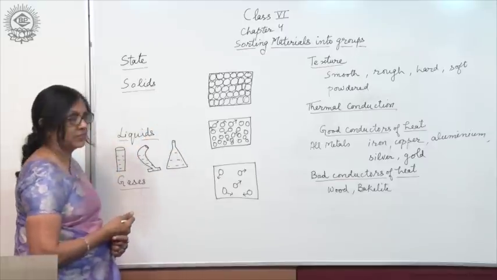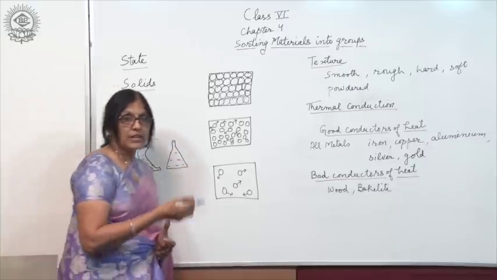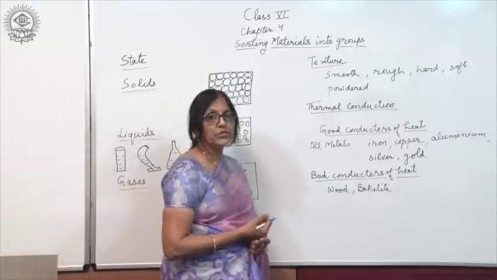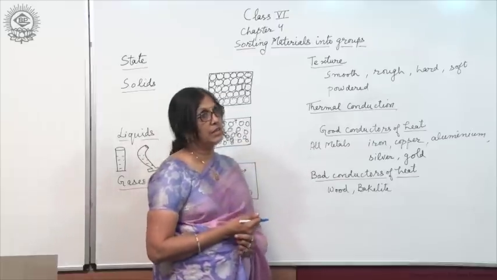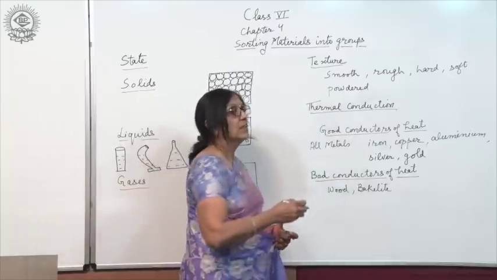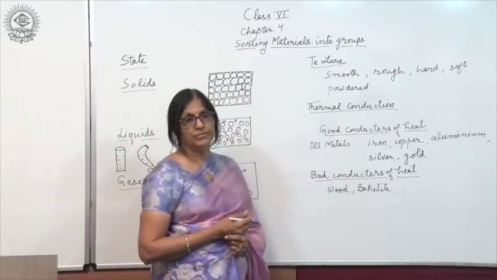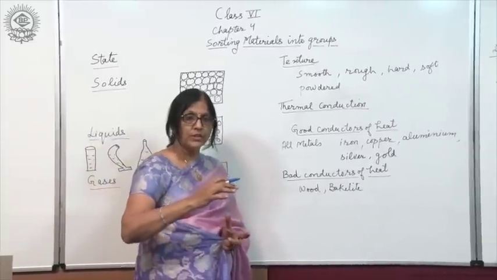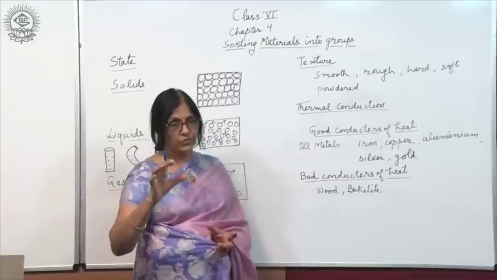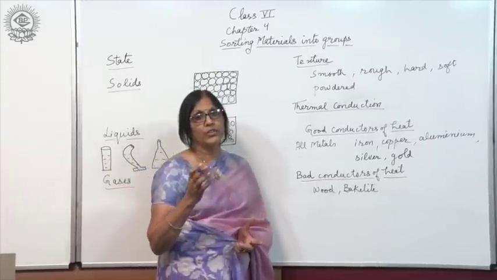Now, let us discuss another property on the basis of which materials can be classified, which is texture. When you touch any material, you can feel it. Just by touching different objects at home, you can see how different they are.